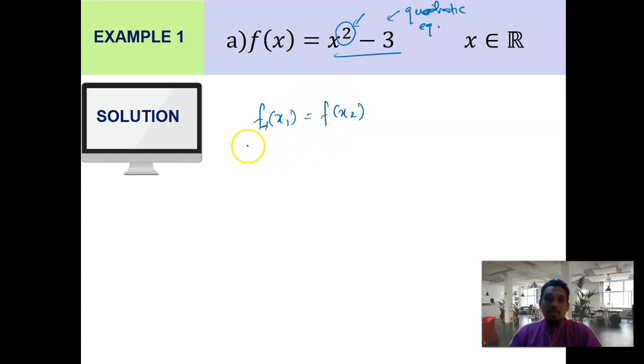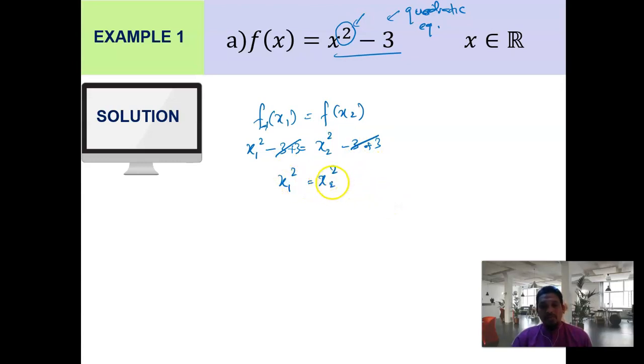Substitute x here: x1 squared minus 3 equals x2 squared minus 3. From here, if we add 3 left and right, it's clear now that x1 squared equals x2 squared.